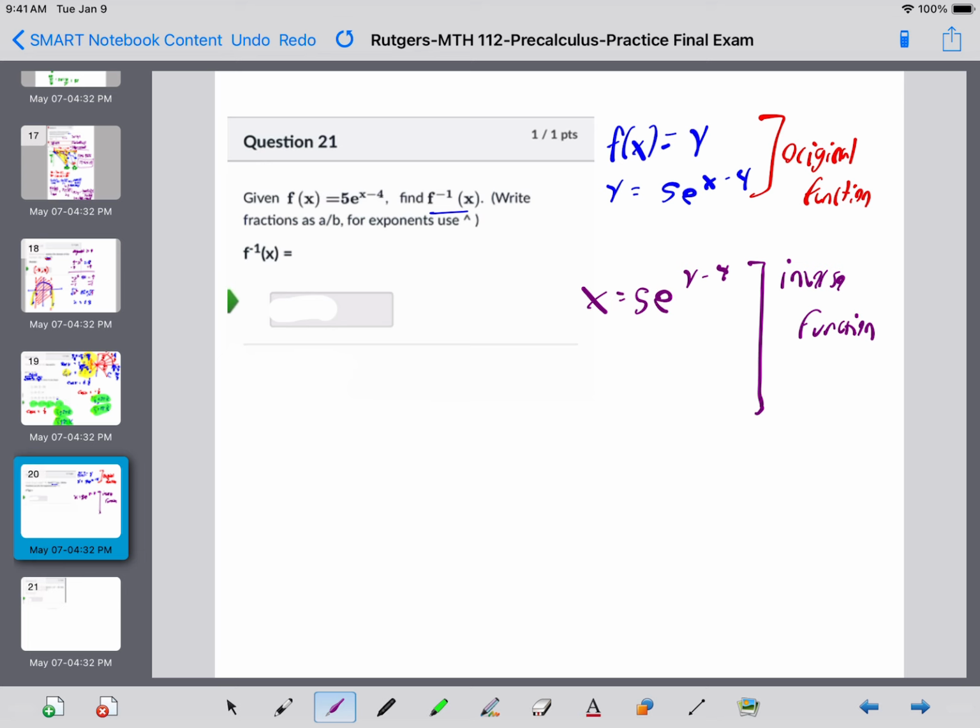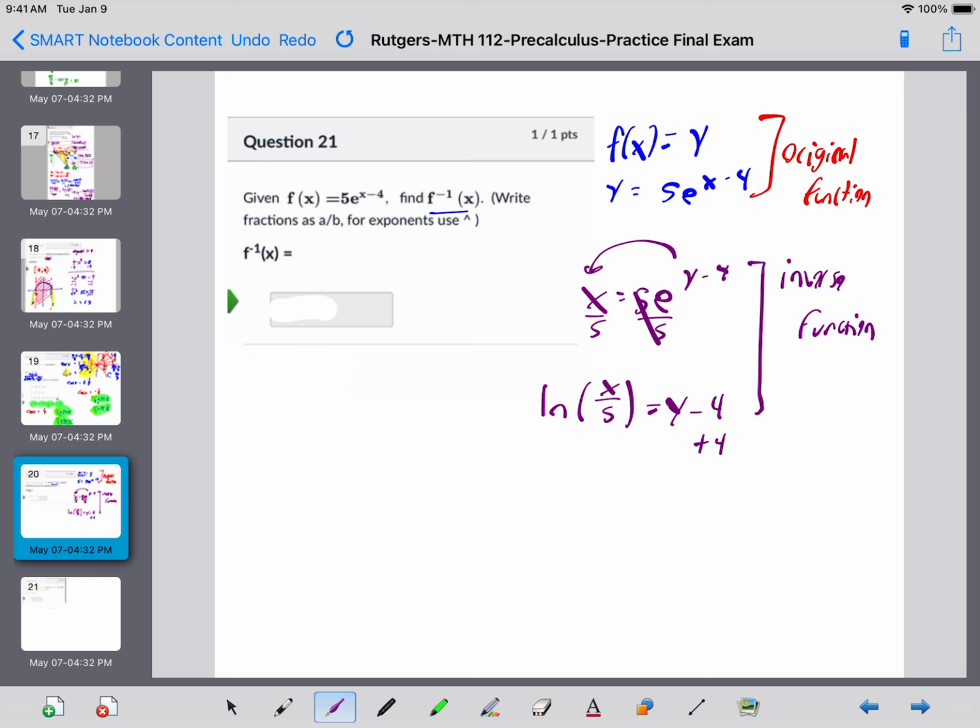But typically, we solve for functions in terms of y. So to solve for an exponent, we have to use logs. Isolate your base. Convert to log base form. So log base e, so that's ln, of your answer on the other side of the equal sign, x over 5, equals your exponent, y minus 4.